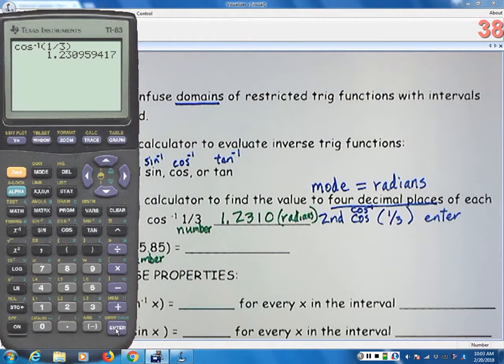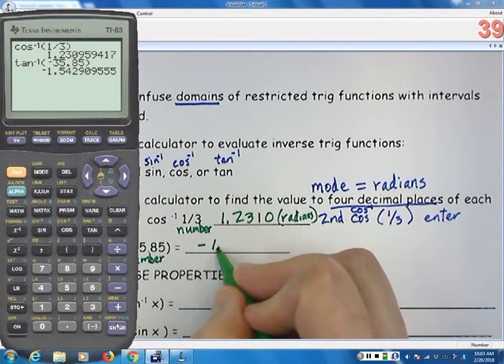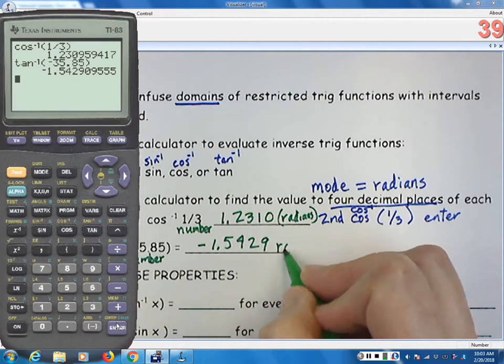And then we're going to do second tangent, and that's negative 35.85. And we get negative 1.5429 radian.